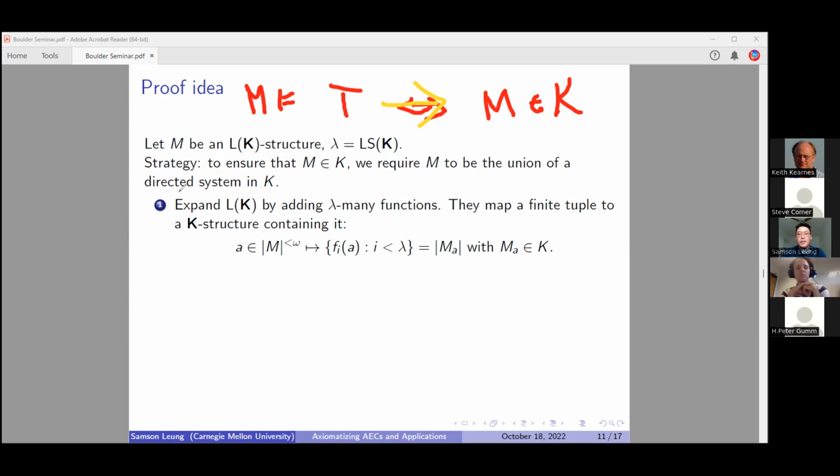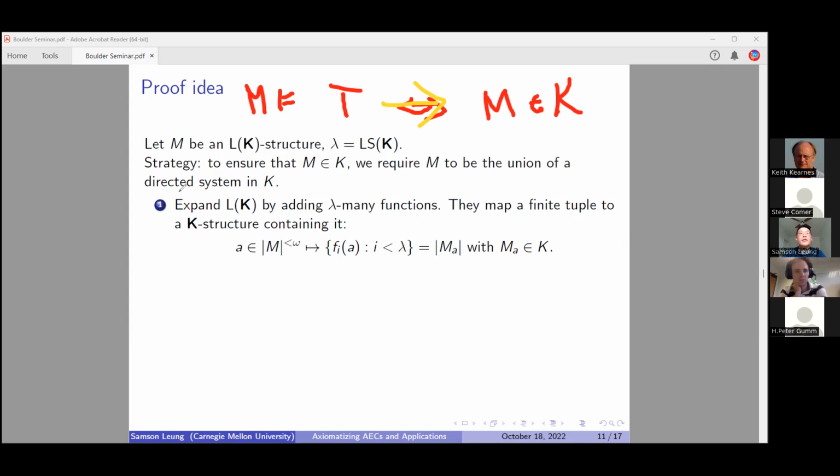So let's say we're doing the left to right direction, and we try to figure out what T is. Let M be an L_K structure. So it uses the same function and relation symbols as any other model in the AEC K. And then you have lambda as the Löwenheim-Skolem number.